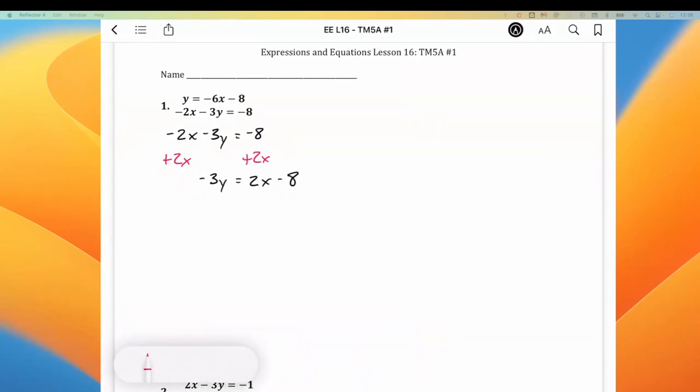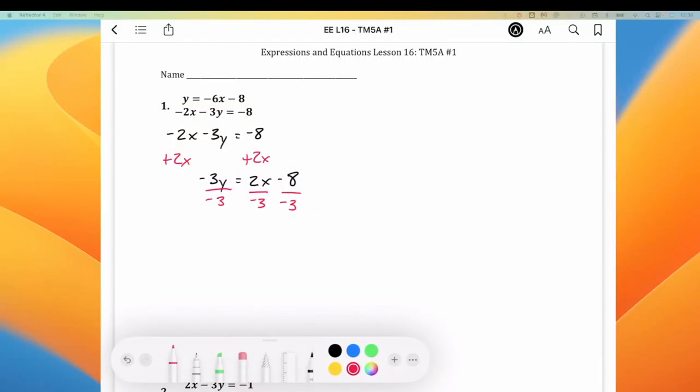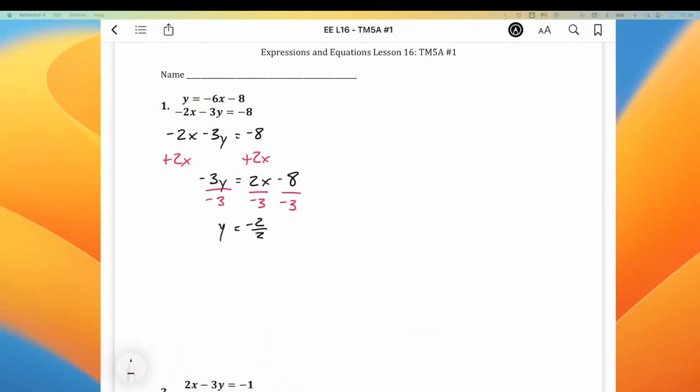Next, we need to divide both sides by negative 3. And that's going to give us y is equal to negative 2/3 x plus 8 over 3. And for any of these calculations, feel free to use a calculator. It should help you out quite a lot.